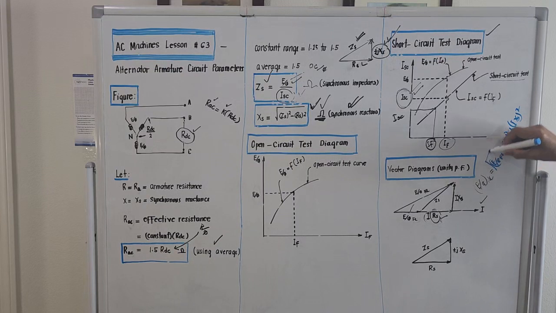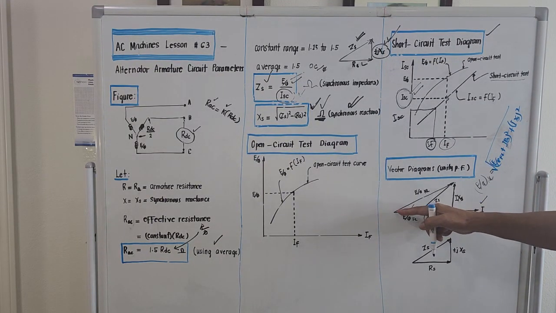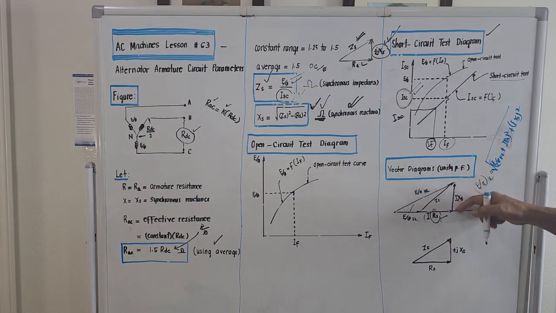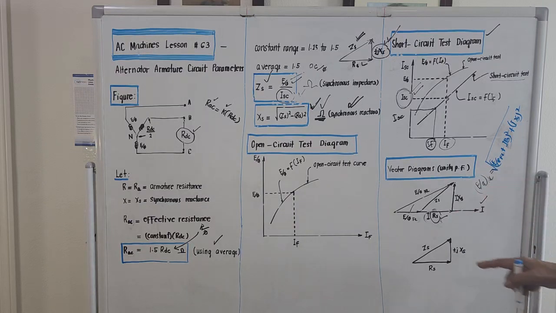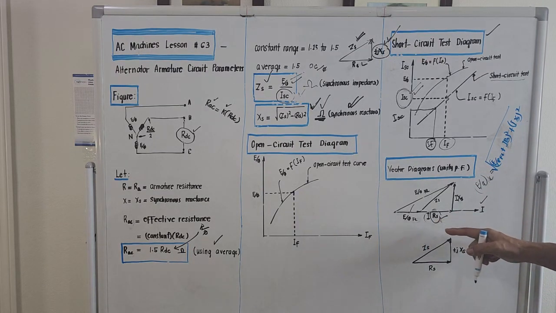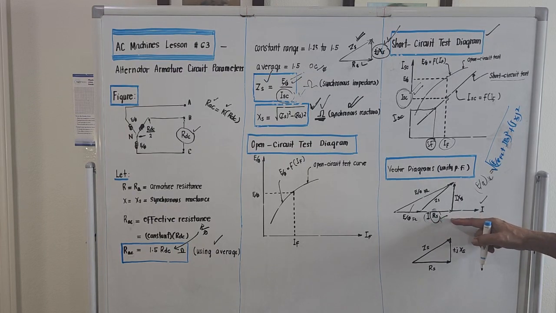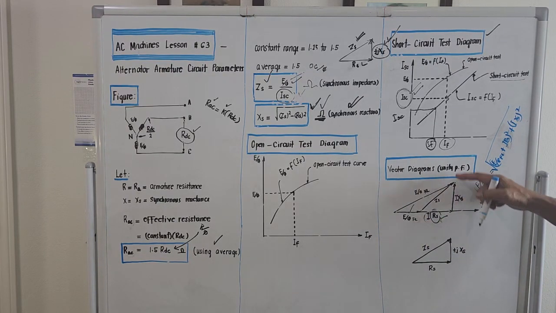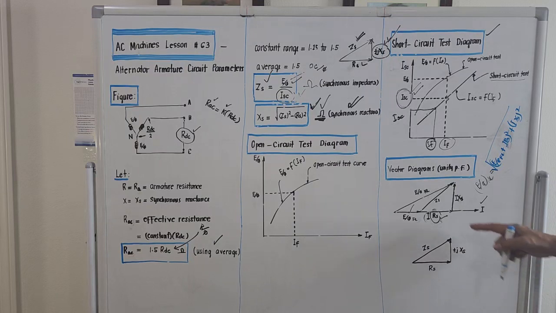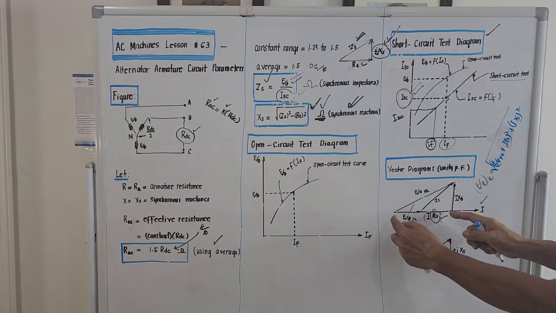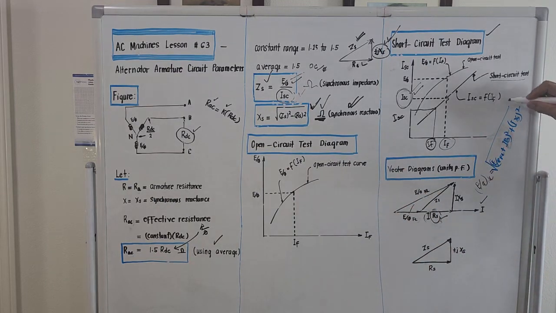Then we'll take the square root, because this is a right triangle. This is the hypotenuse, this is the opposite side, and this is now the adjacent side. The adjacent side comprises two values, the voltage per phase at full load plus the product of I times R sub S. They are both real. This is imaginary. So to compute for this, it will be the square of this plus the square of this, then take the square root.